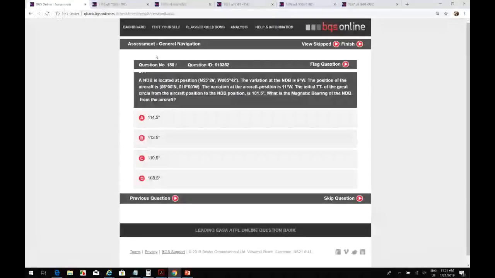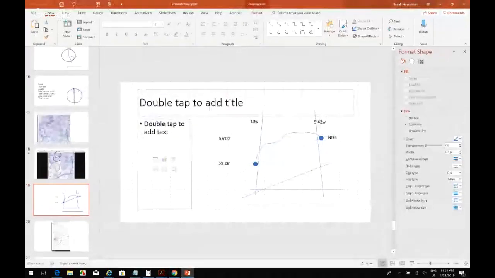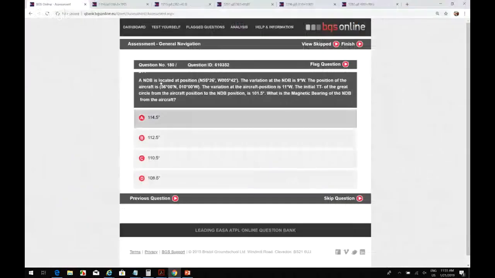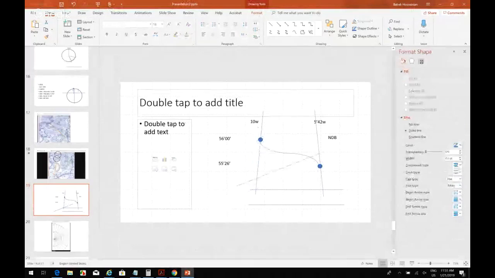The NDB is located down here, and the aircraft is up here. We'll draw a line connecting these. This one goes up there. There we go.